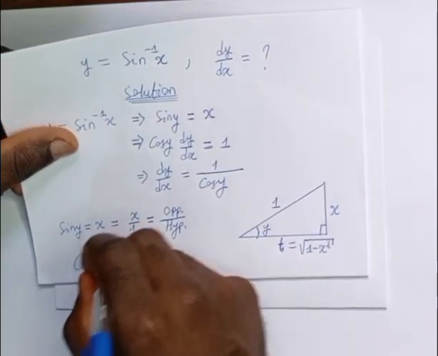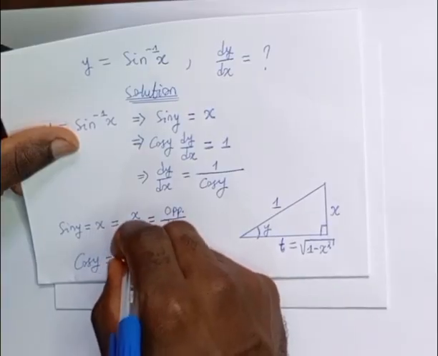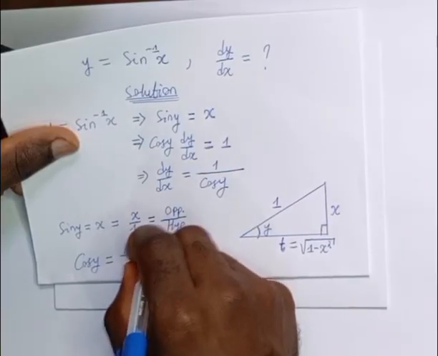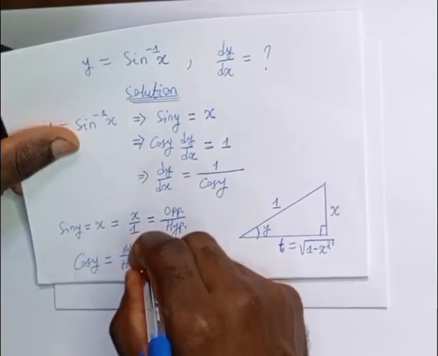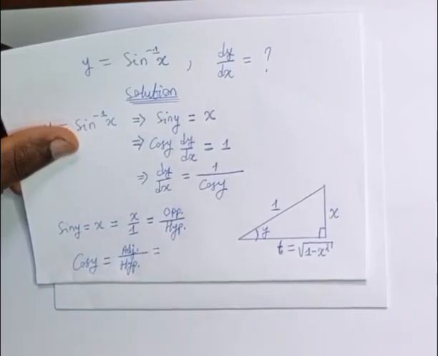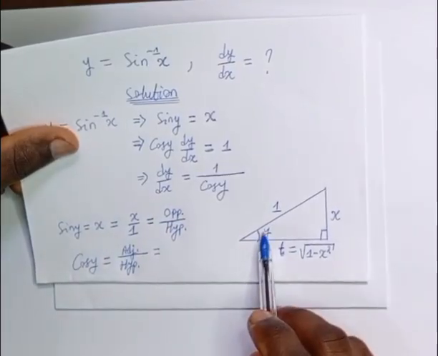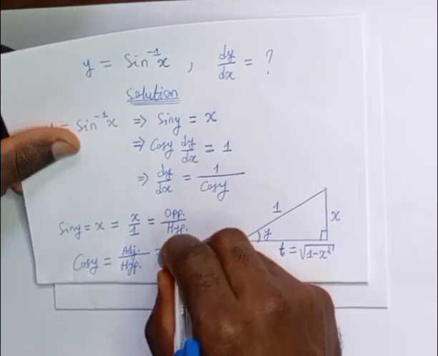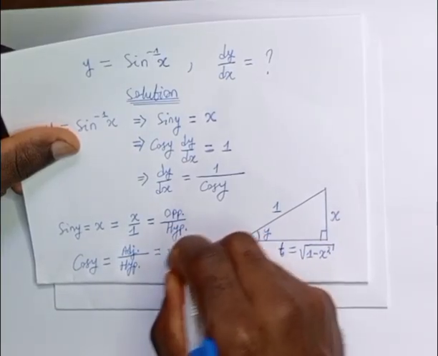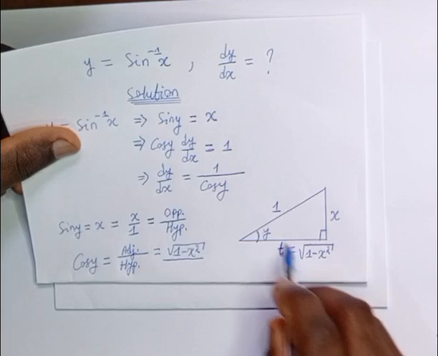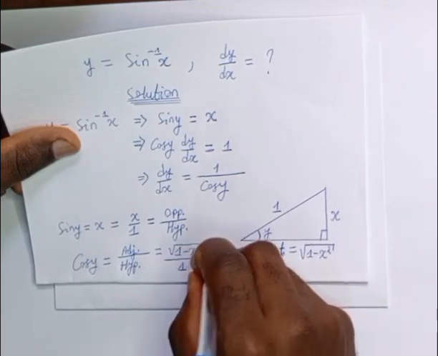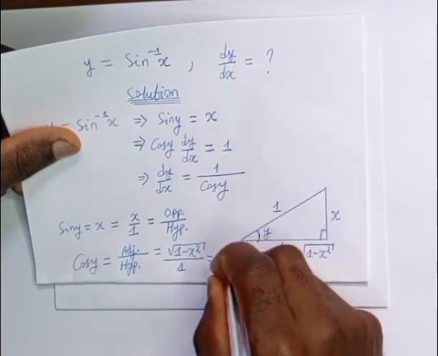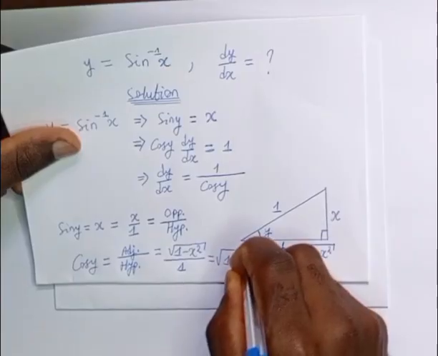Cos y is given by the adjacent all over the hypotenuse. The adjacent of the angle y is the square root of 1 minus x squared all over the hypotenuse, which is 1. This will simply be equal to the square root of 1 minus x squared.